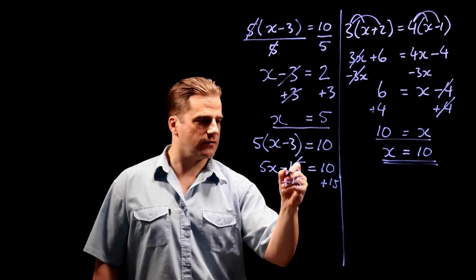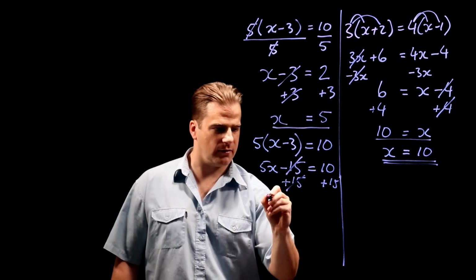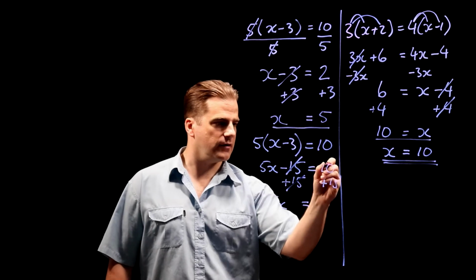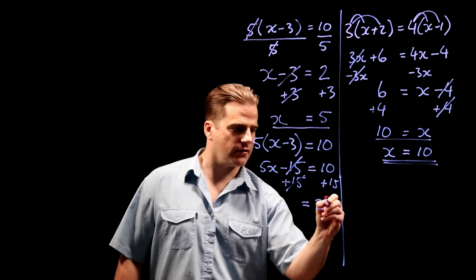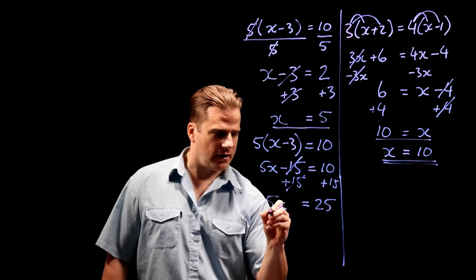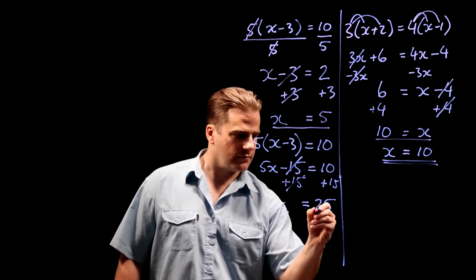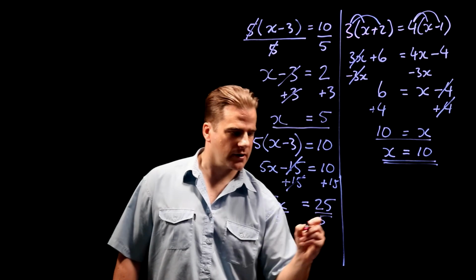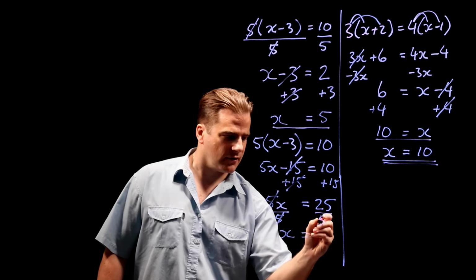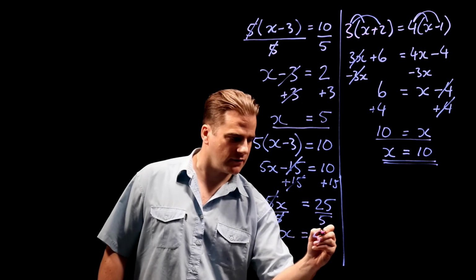Okay? Minus 15 plus 15 gone, so we're left with just 5x here, equals 10 plus 15 is 25. Okay, nearly there. Divide both sides by 5. And we get the answer. X is 25 divided by 5 is 5.